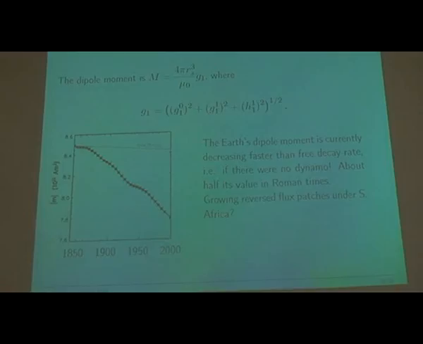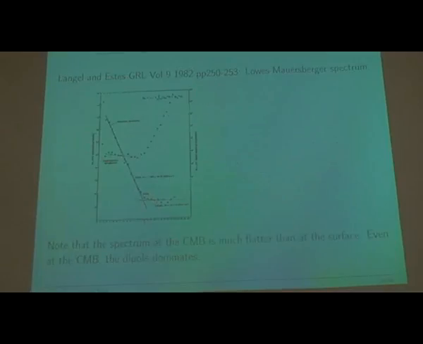If you take the different m's, if you stay with one n, so that's n equals 1, they're all the different m's. And in order to construct the Lowes-Mauersberger spectrum, you square all the different m's and add them together and take the square root, and that gives you the average. That gives you the square of the whole m, and that's the n equals 1 there. Then if you do that for all the others, you end up with this picture.